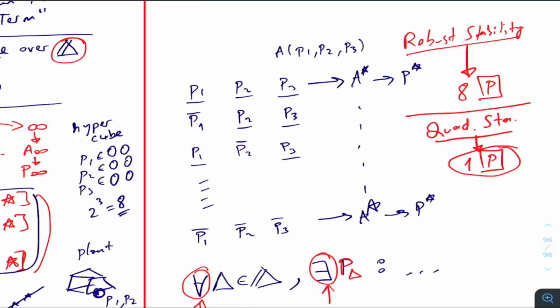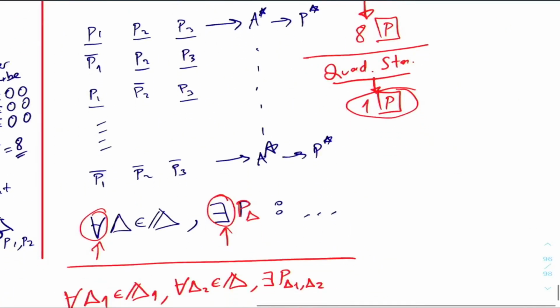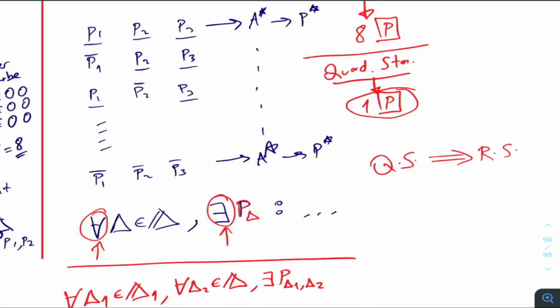Since we are at this point, quadratic stability implies robust stability. However, the converse is not correct: robust stability doesn't imply quadratic stability, okay?